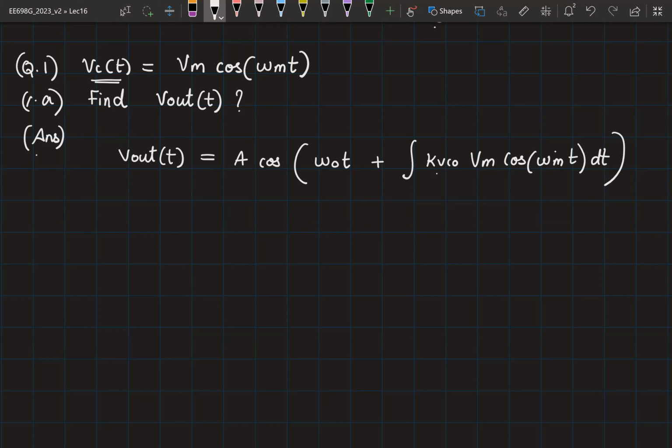So I can take kvco and vm outside the integral because they are constants. And what is integral of cos omega m t dt? That will give you sine omega m t by omega m.